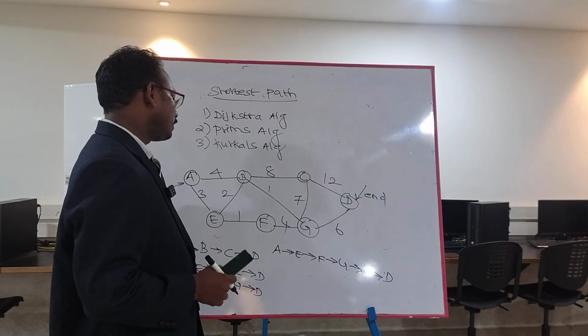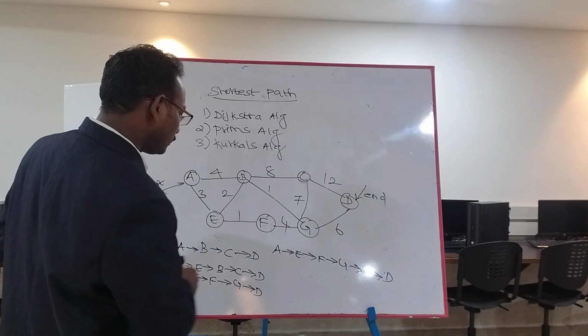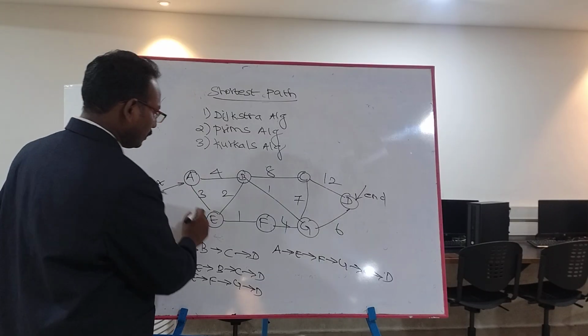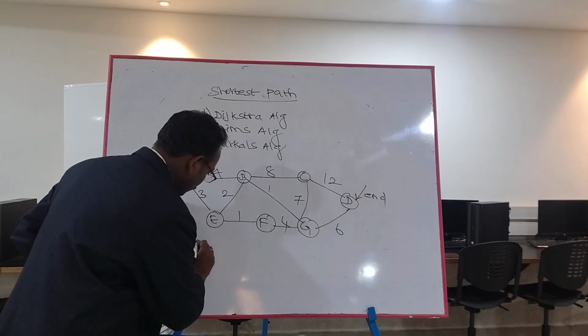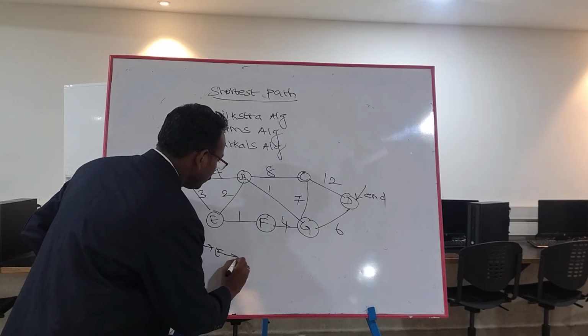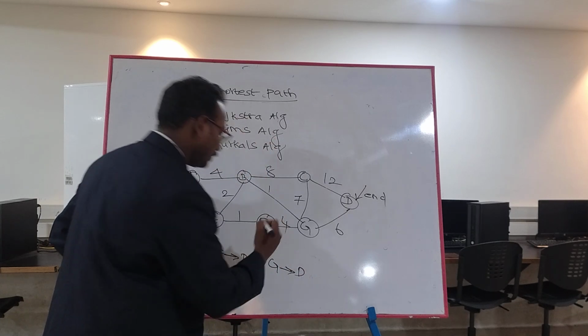So it should be that of 14, but this path will be that of 12. So the shortest path we can define is A to E, E to B, B to G, and then G to D. This is the shortest path.